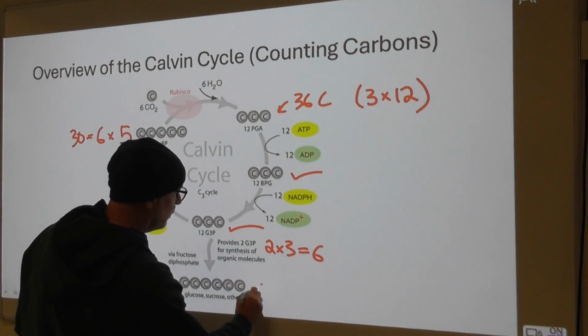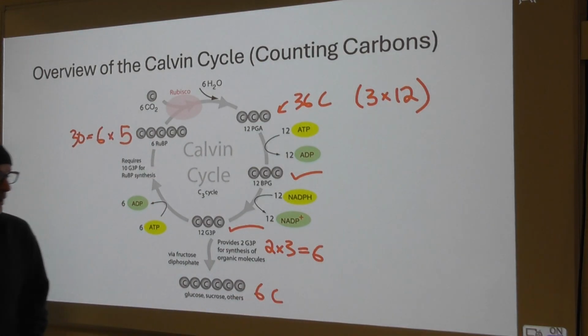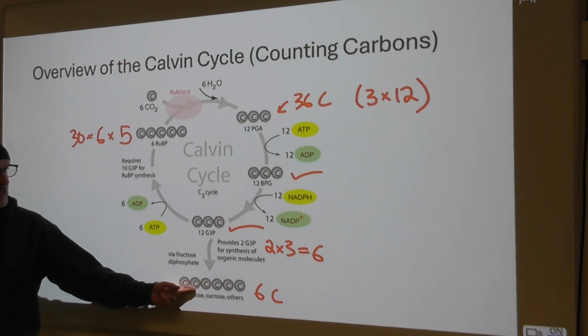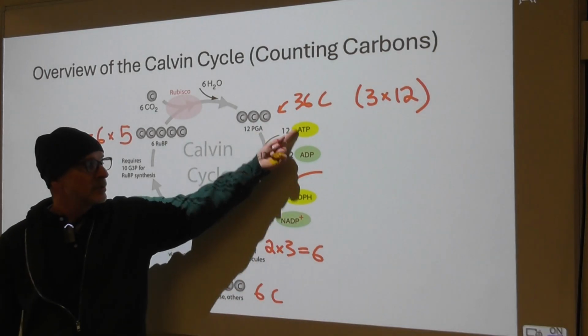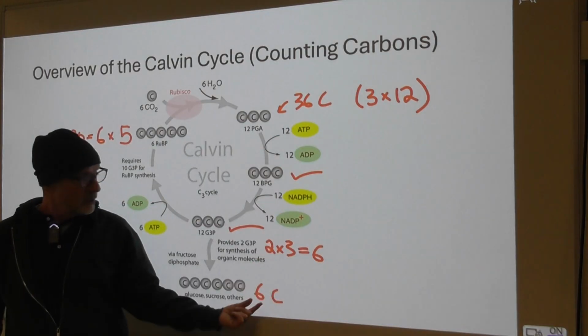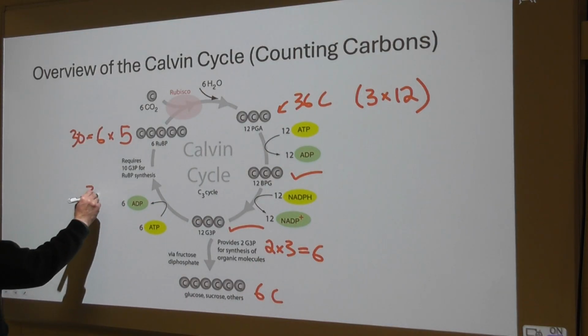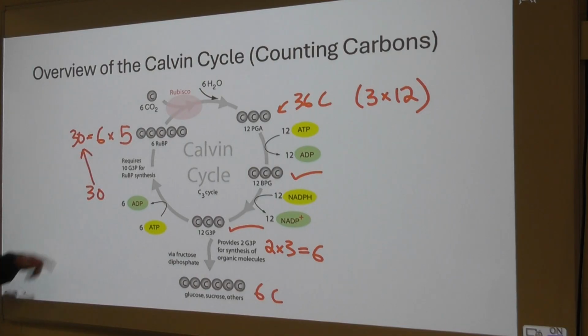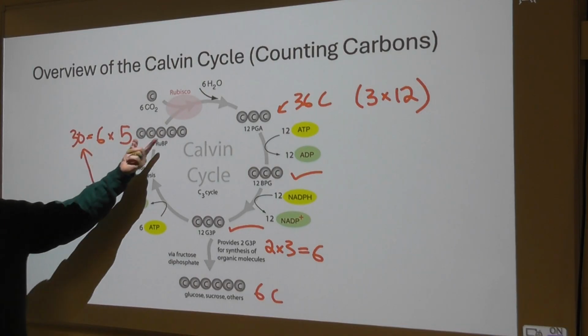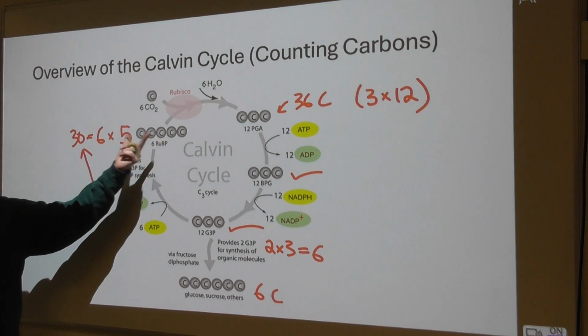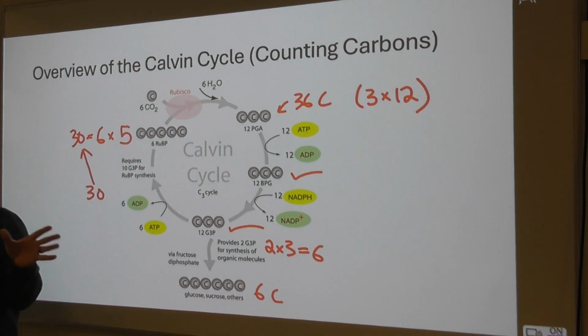Here we have 1 6-carbon glucose. What does that leave? Well, we had 36. We lost 6 of them. So that leaves 30 over here, which turns out to be just enough to make 5 RuBPs. So that's where the balancing comes in.